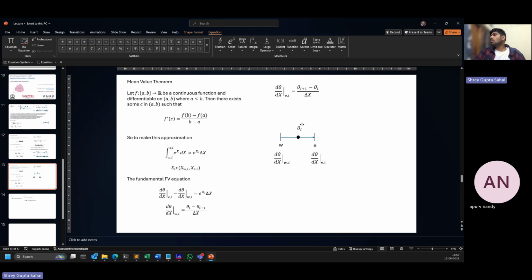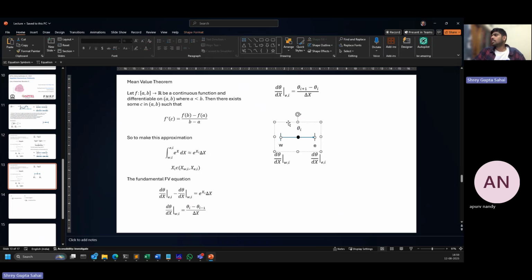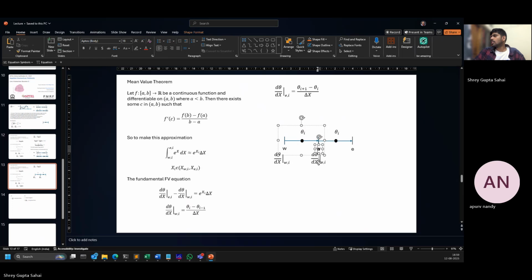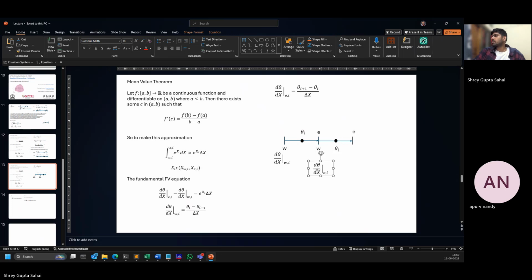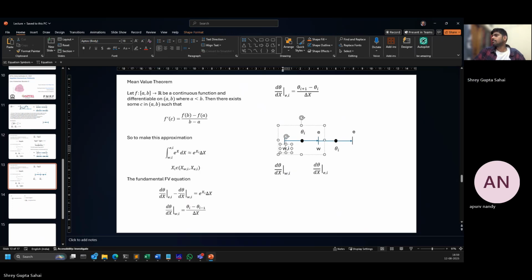Okay. So now suppose this same thing, it is I, west I, this should be east I, this should be west I plus 1, this should be theta I plus 1, and this should be east I plus 1.